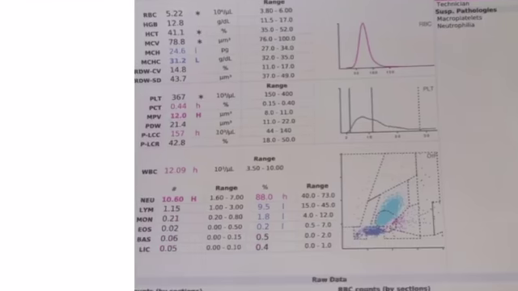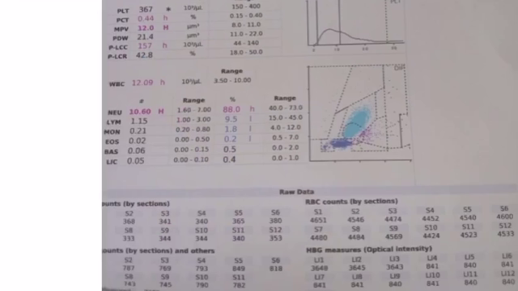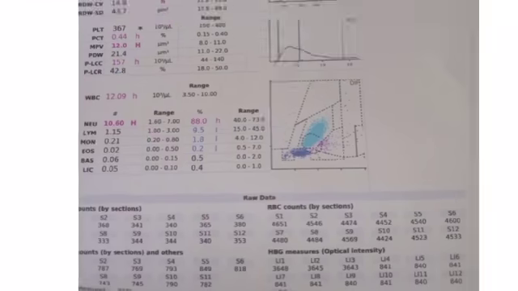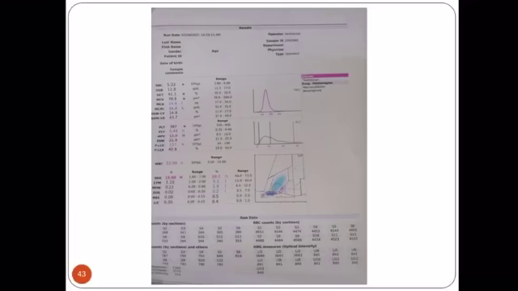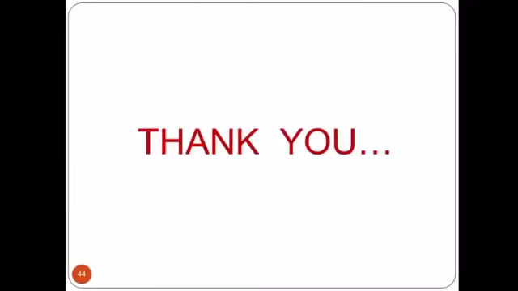Second, platelet. Third, neutrophil: whether the total count is normal, and whether the differential counts of neutrophil, lymphocyte, monocyte, eosinophil, basophil are within the normal range or not, and the interpretation of the histogram. So this is all about the interpretation of the cell counter strip.